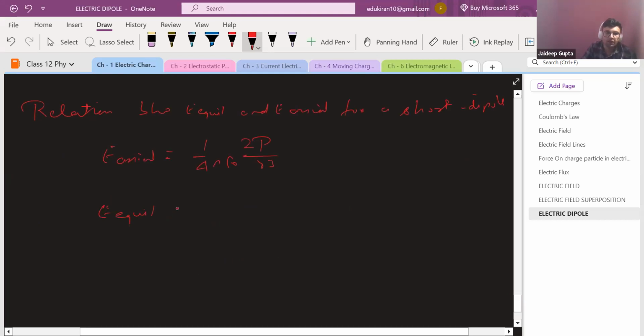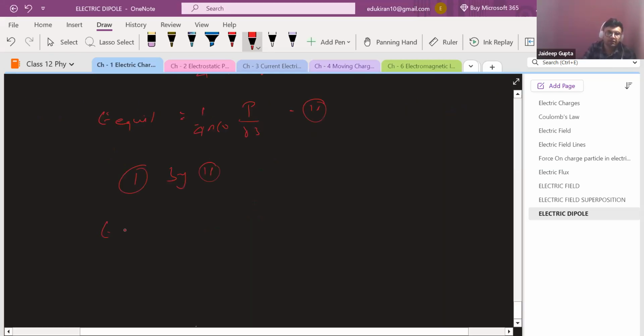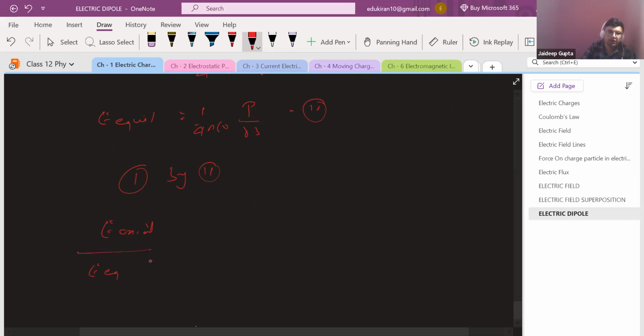And this is for equatorial, 1 over 4 epsilon p over R cube. These two relations are for a short dipole. This is first, that would be second. Now first divided by second, you'll get E axial over E equatorial equals 2. So we can write E axial is 2 times E equatorial.